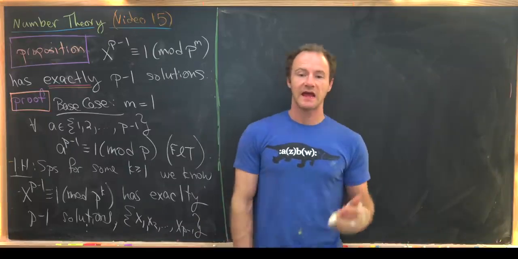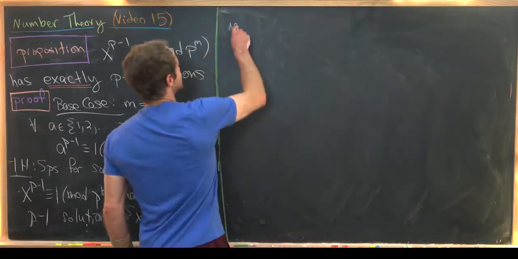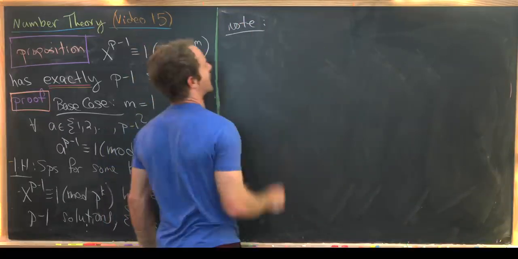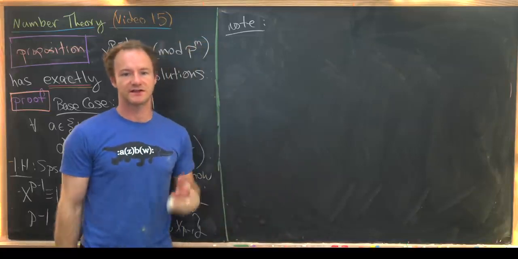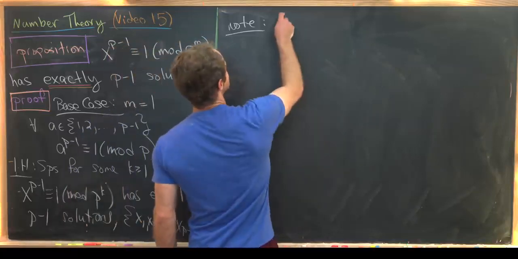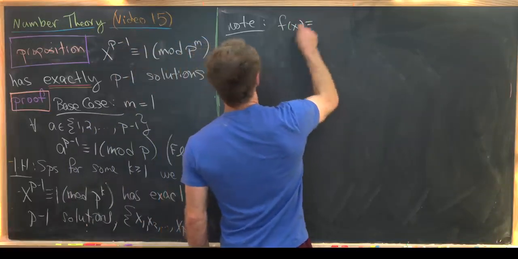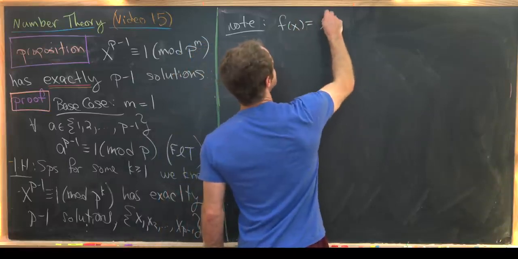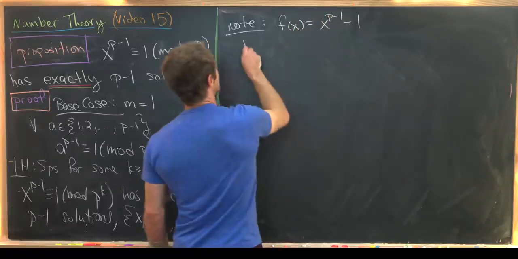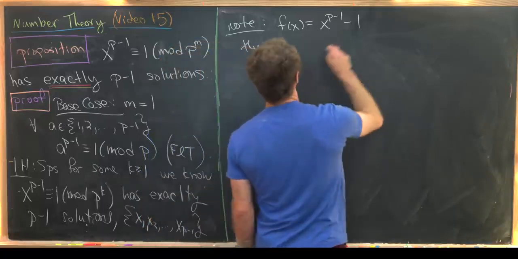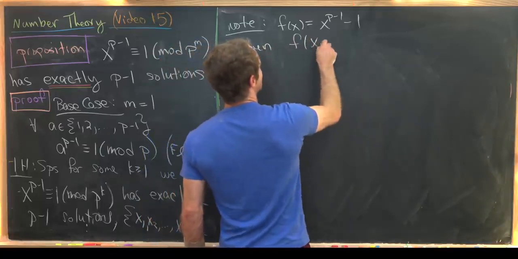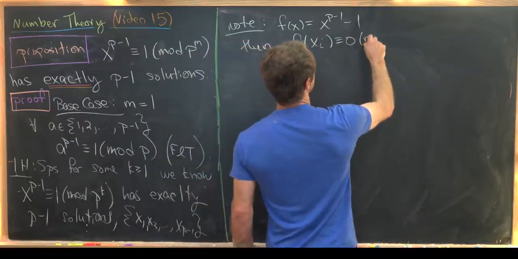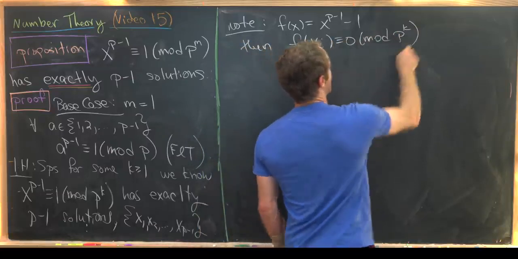Okay, and we also want to notice that the other hypotheses of Hensel's lemma are also satisfied. So let's notice that if we set f of x equal to x to the p minus 1 minus 1, then first of all, f evaluated at x i is congruent to 0 mod p to the k.